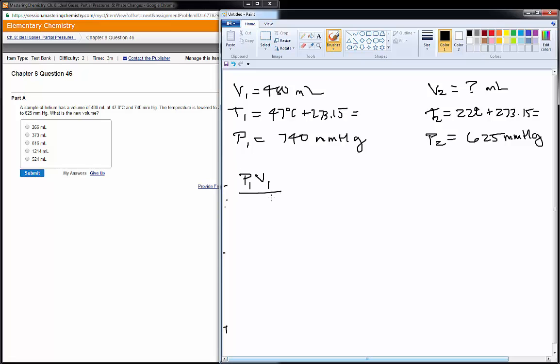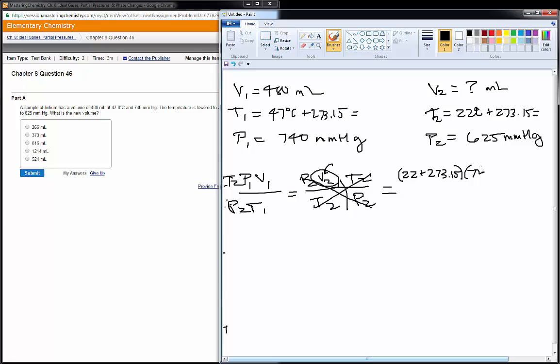P1 V1 over T1 equals P2 V2 over T2. We're solving for V2, so we have to multiply both sides by T2 and divide both sides by P2. And now we get V2 is equal to T2 P1 V1 divided by P2 T1. Okay. T2, 22 plus 273.15.